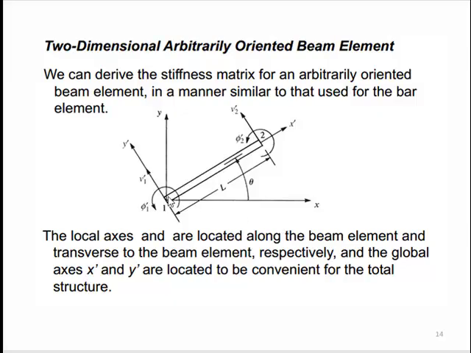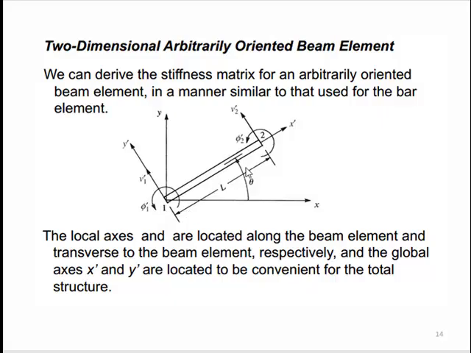So here is the element which is making an angle theta with respect to the x-axis. The local axes are x prime and y prime, and the global axes are x and y. The displacements in the local y direction are y1 prime, y2 prime, and the rotations are phi1 prime and phi2 prime.